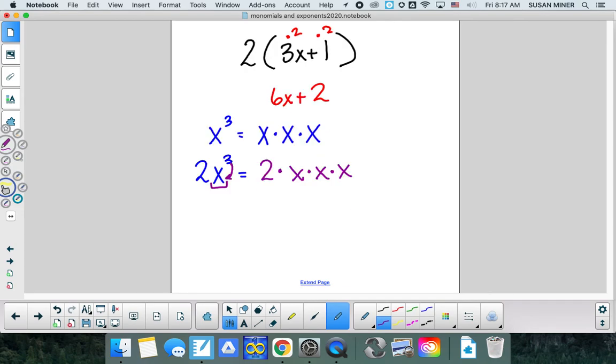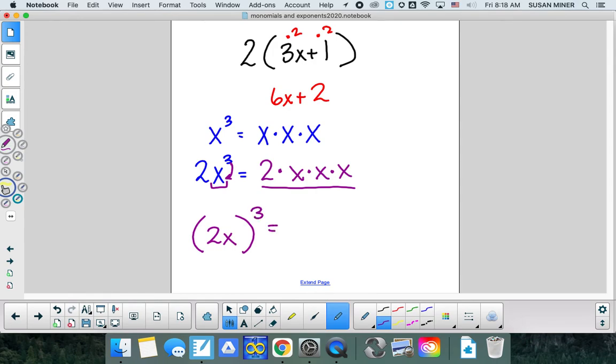And then today we're going to add in some parentheses. So here above we had 2 times x to the third, and it came out like this. If I put parentheses in though, now let's do (2x) to the third.